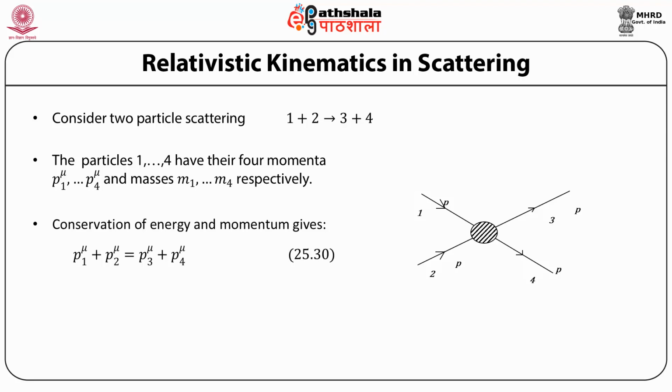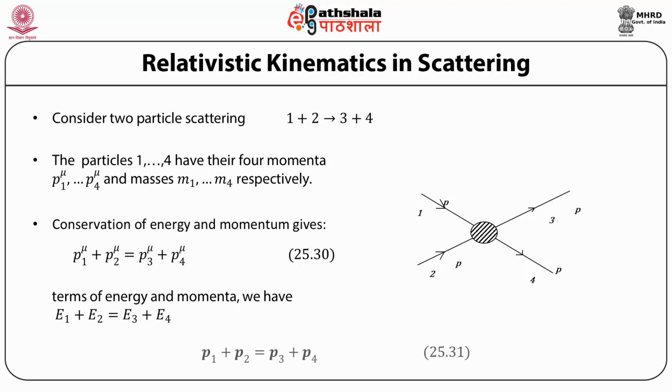Now the conservation of energy and momentum gives p1^μ + p2^μ = p3^μ + p4^μ. In terms of energy and momenta, we have E1 + E2 = E3 + E4, and p1 + p2 = p3 + p4, as shown diagrammatically in the figure.